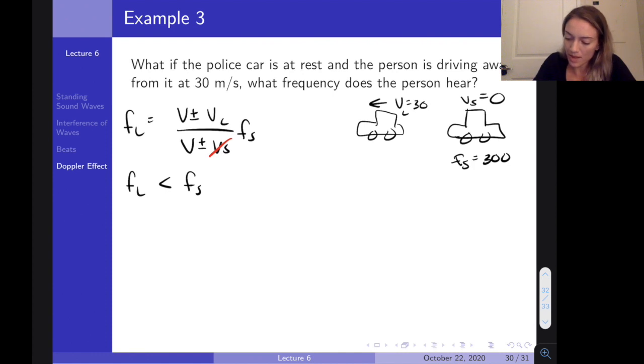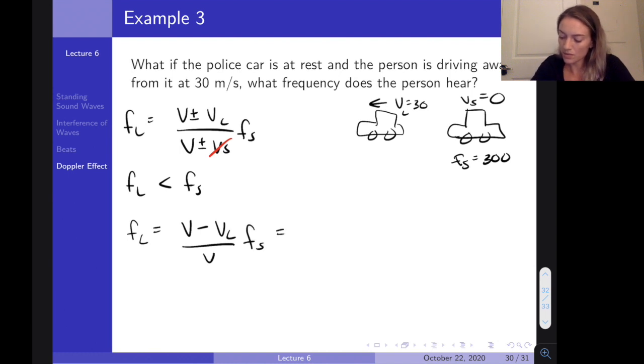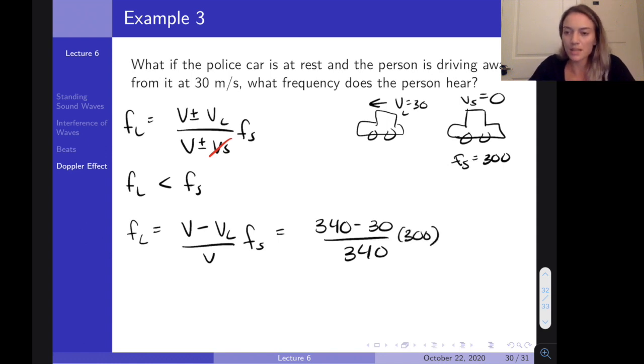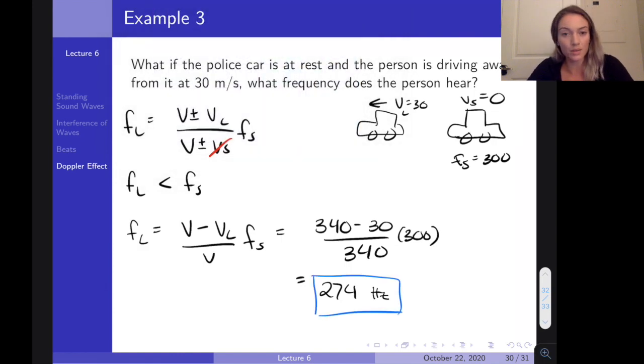So we have FL equal to V minus VL over V, times FS. So that is 340 minus 30 divided by 340, times 300. And that comes out to 274 hertz. So again, our frequency is less than the frequency that the source is outputting, which we expect.